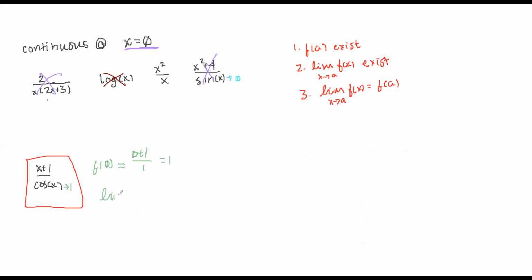Then the limit as x goes to 0 of x plus 1 over cos x is also going to equal 1, if we remember some of our limit practices. X is approaching 0, so this is going to approach 1. So we know that f of a is equal to the limit as x goes to a of f of x. So we know that we're in the clear here. This should be a continuous function.